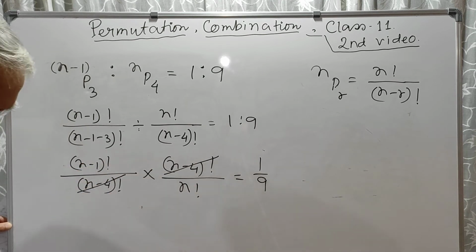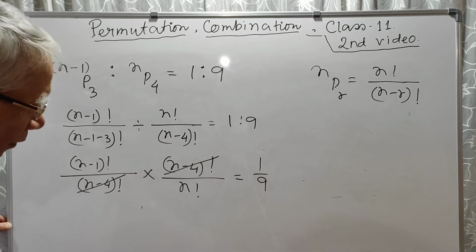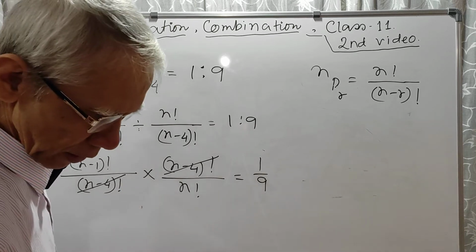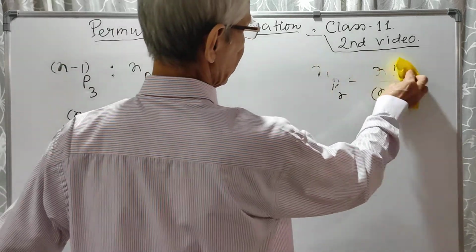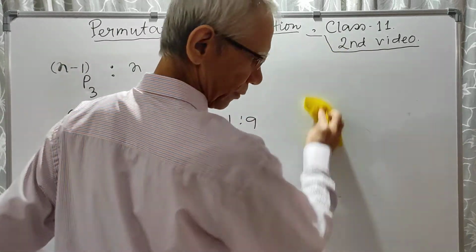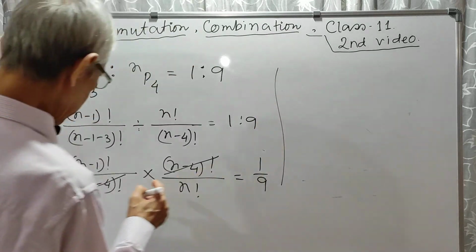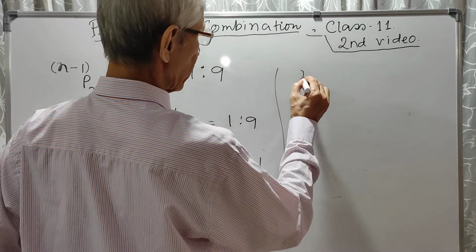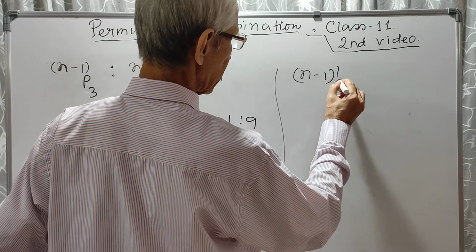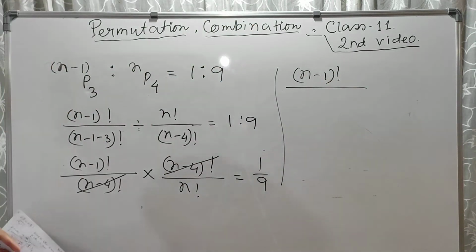Now next, let me show here. This one, n minus 1 factorial, divided by n factorial.